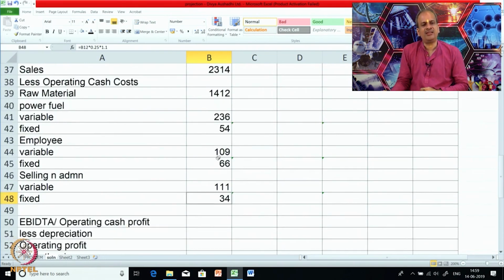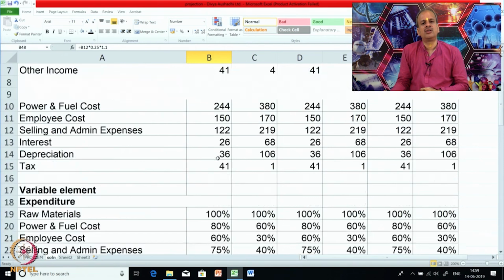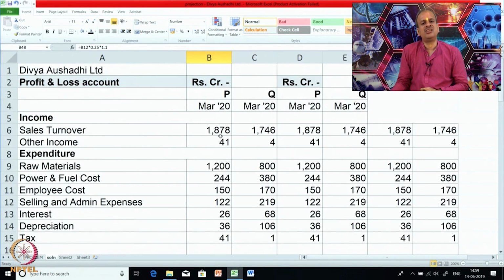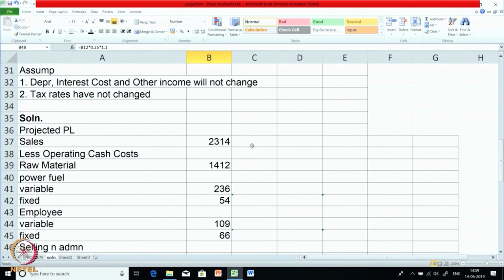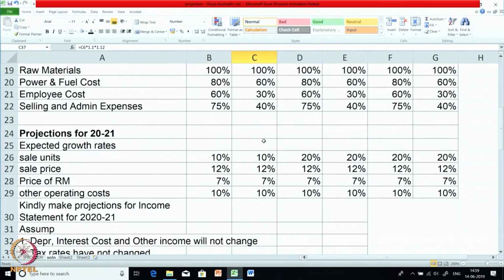Now same way we will go for the other product, or the other company, which is Q. Now sales, now I think you can do it faster. C6, that is last year's sales, into 1.1 into 1.12, because 12% rise because of sale price, 10% rise because of sale units.